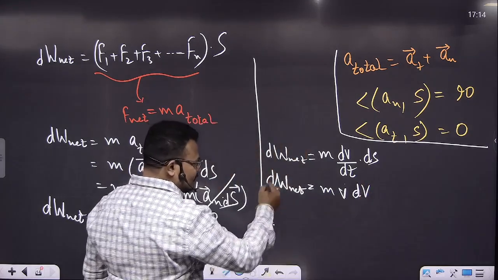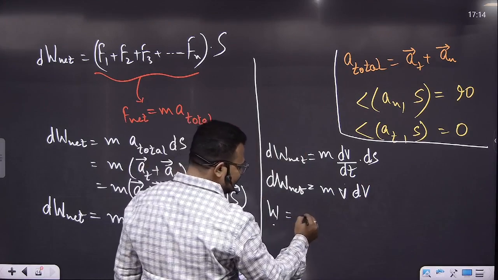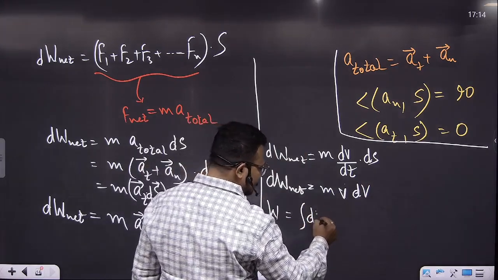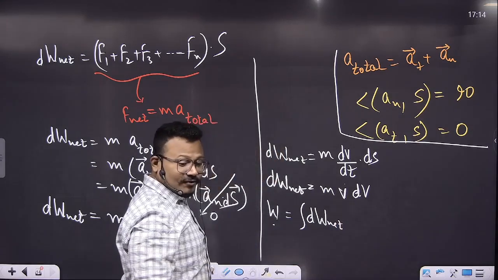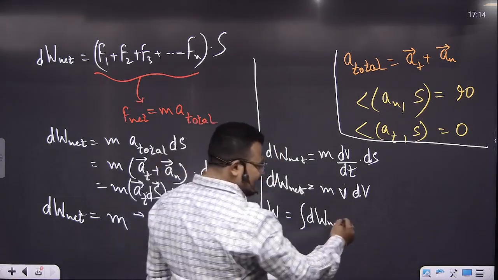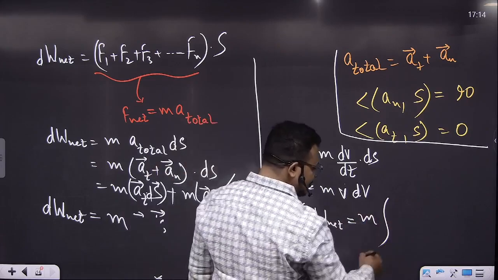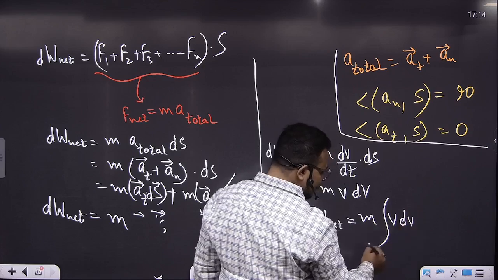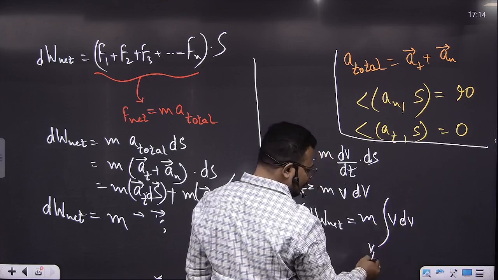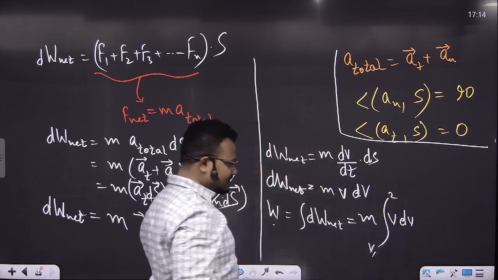Now work done equals integration of d work net, equals M into V dV, from initial to final velocity. Initially the velocity was v1, finally velocity was v2.